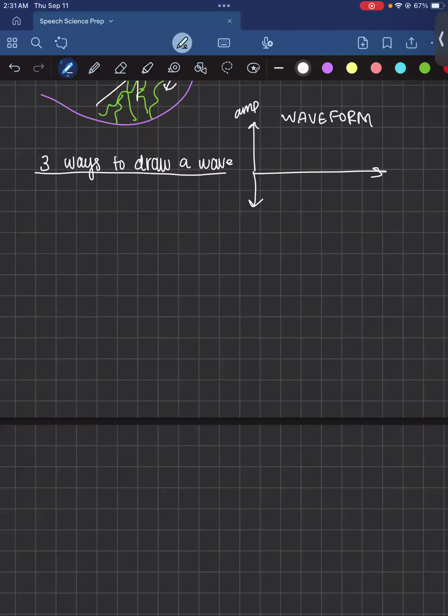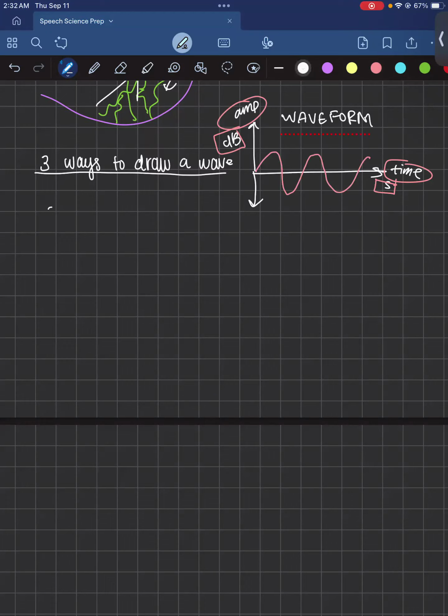We have amplitude in decibels, and we have time in seconds. And that's honestly the main thing that you need to know. The x-axis will show you time, the y-axis will show you amplitude, and then you can just draw your wave with areas of compression and rarefaction, all that good stuff.